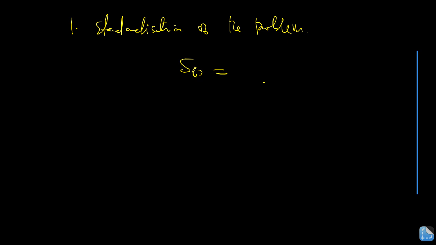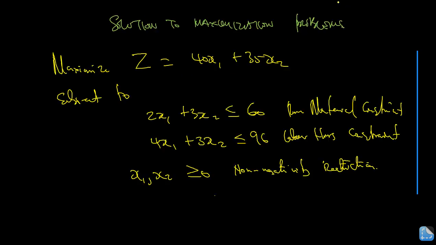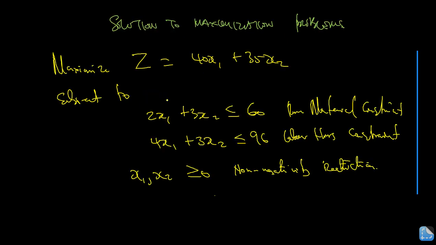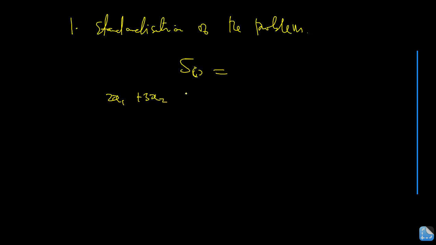Now, for the first inequality in our system, the first inequality is 2x1 plus 3x2 is less than or equal to 60.